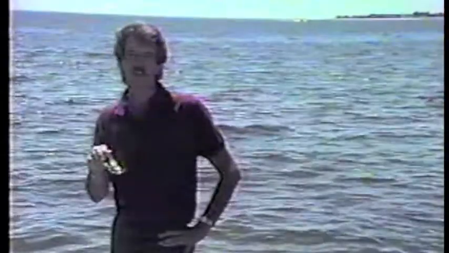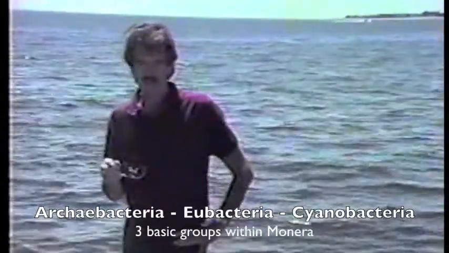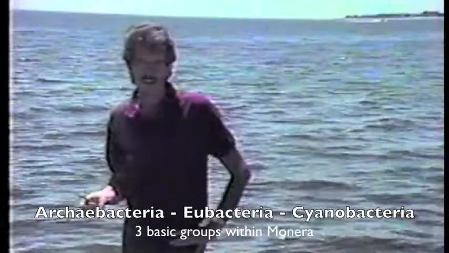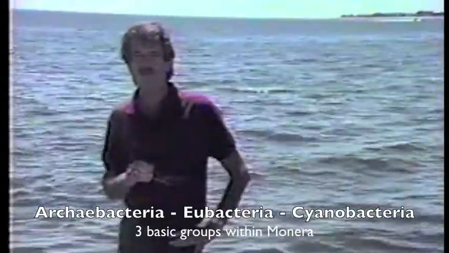Monera includes, as I mentioned, all the bacteria. And there are 3 basic groups within Monera: the archaebacteria, the eubacteria, and the cyano or blue-green bacteria. In this particular segment, we want to talk about the archaebacteria. Now, the archaebacteria, like the rest of the Monerans, are considered to be prokaryotic.